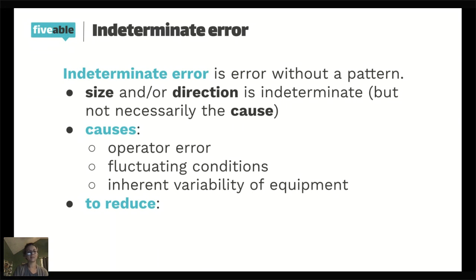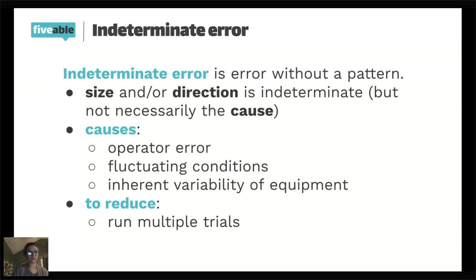Probably not. But if you flip a coin 1,000 times, you're much more likely to get something very close to 500 heads and 500 tails. So really, multiple trials is the key for reducing that indeterminate error, or anything that's kind of random. If you just keep doing multiple trials, they should zero in on what the accurate result would be.